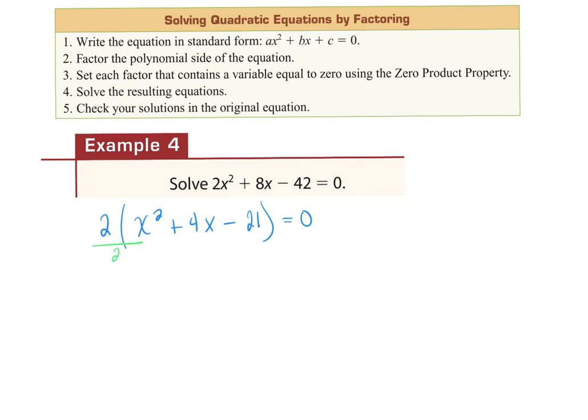I could go ahead and divide both sides by 2, correct? It's already on the outside, so I can divide it. On the left-hand side, it cancels. What is 0 divided by 2? It is just 0. So now I have x squared plus 4x minus 21 equals 0. So when you take out just a constant, no variable, just a constant, it's insignificant.